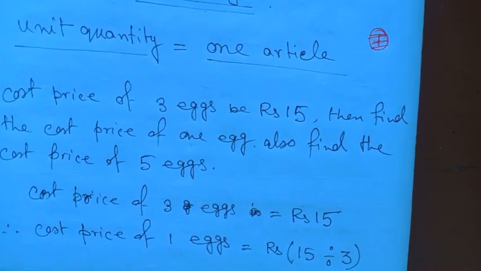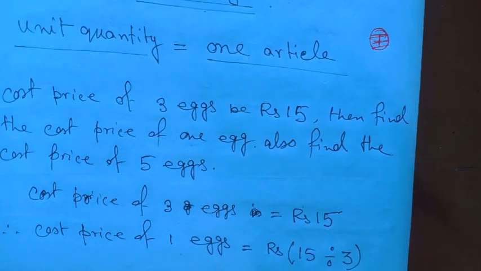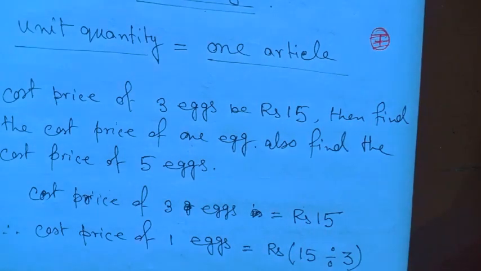So your mother gives you some money. What money? That means the cost price of 5 eggs. Now, how do we find this? Without using the unitary method, we can also find the cost price.